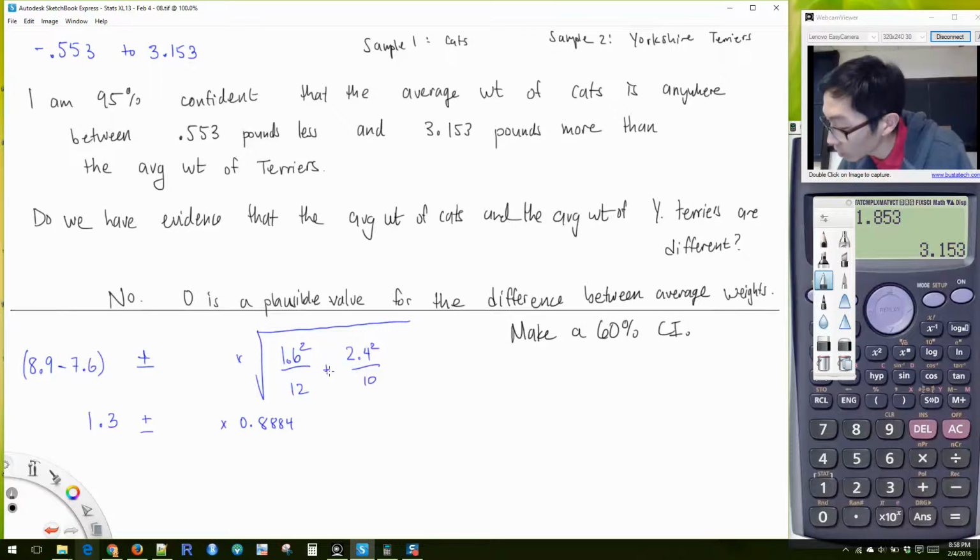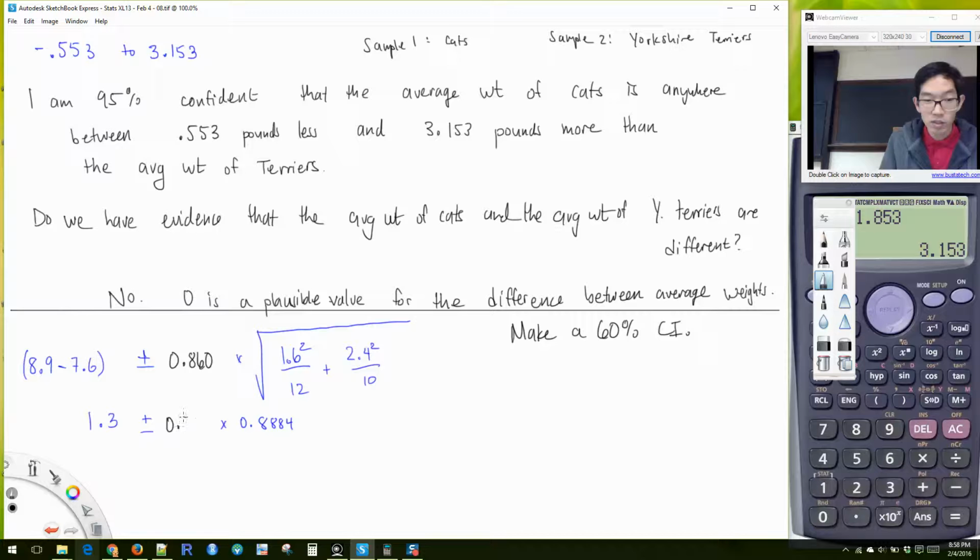So the only thing that changes when making a 60% confidence interval is that now I use a smaller t.